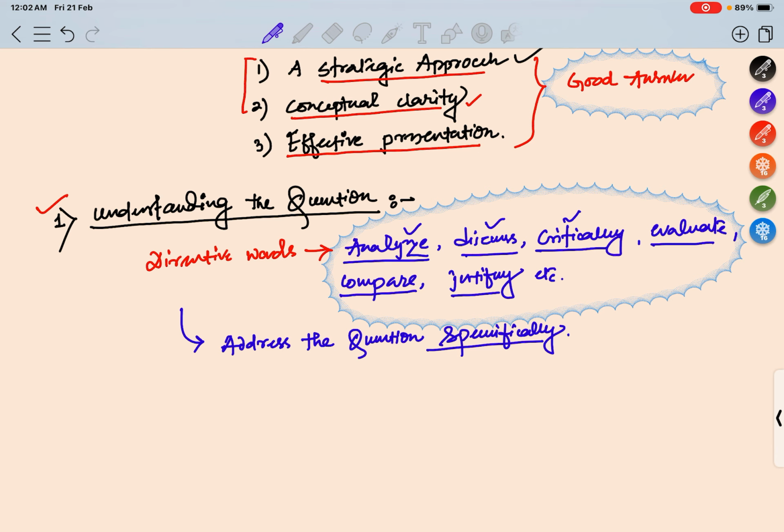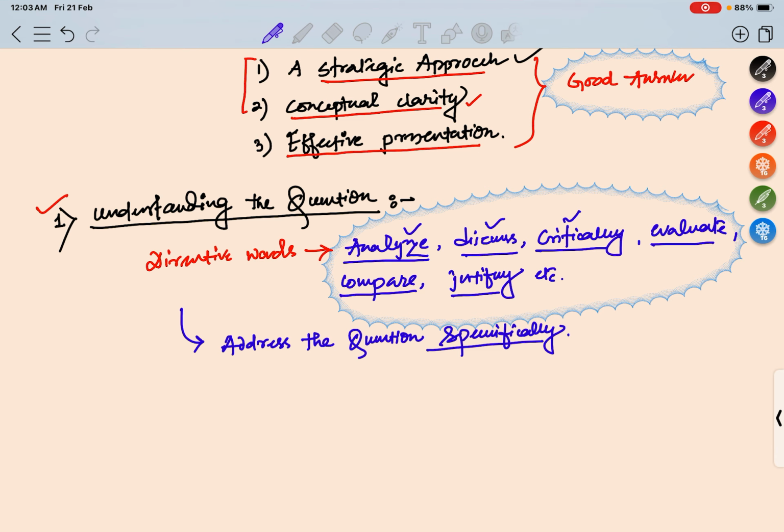What I mean is, you have to write exactly what they are asking, because the question paper has limited time to solve and limited words to write. So in that limited time and those limited words, you cannot go here and there, or just ramble. You have to write the specific requirement of the question.